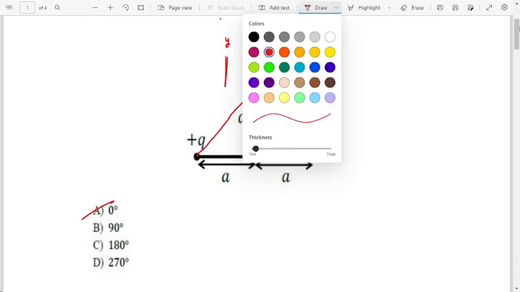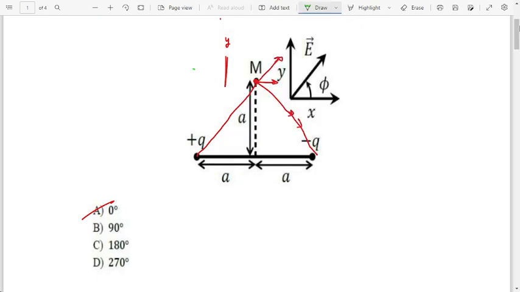Now there are some things that I would like to talk about in this question. The first is that you cannot use the result of the dipole. The reason is that for using the result of the dipole, point M should be much farther away from the center of the dipole, whereas this point is at a comparable distance from the center.